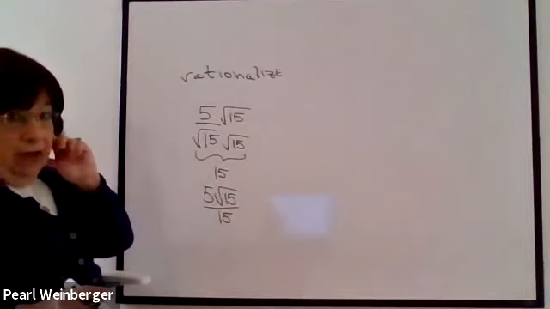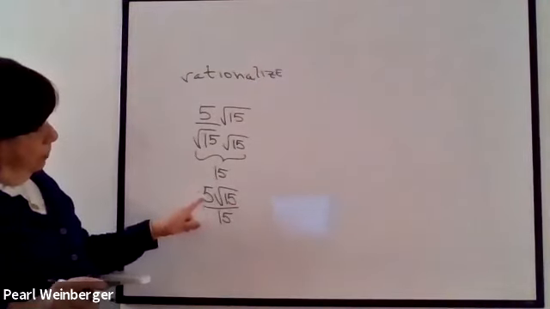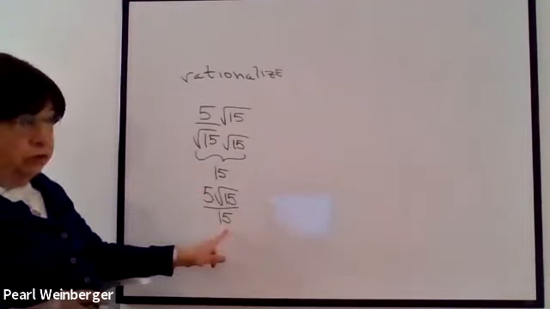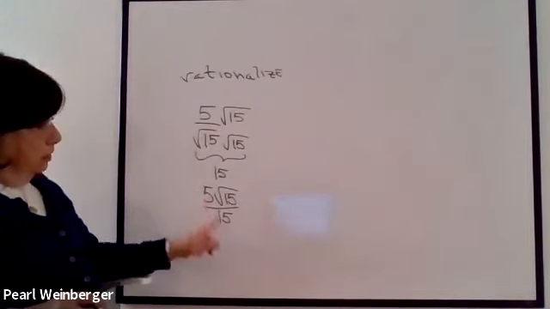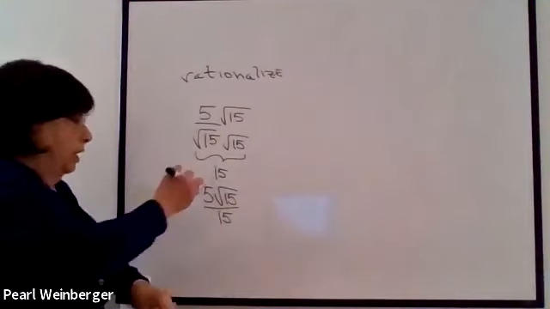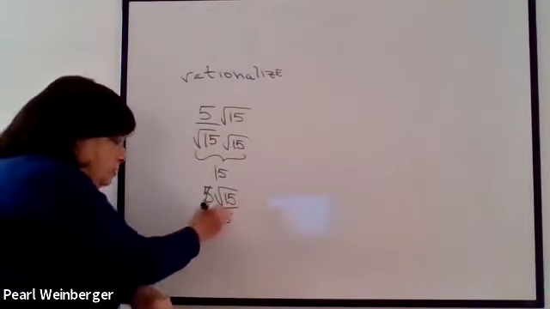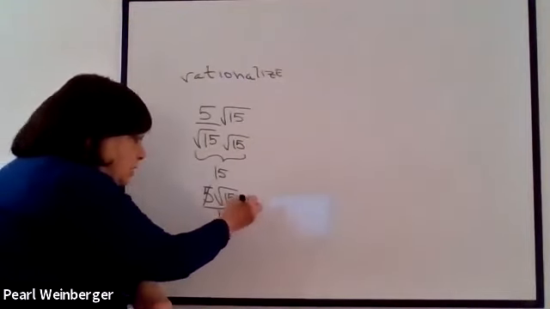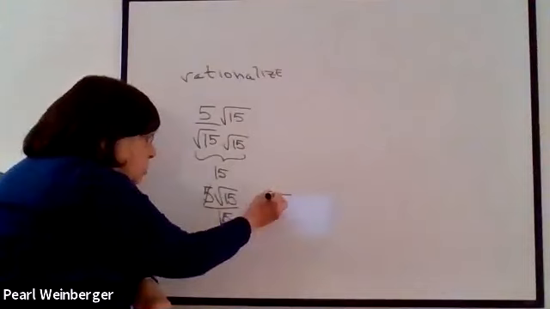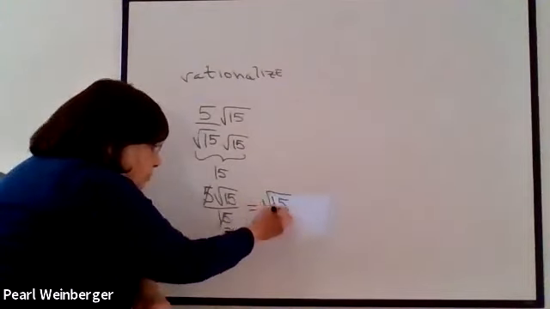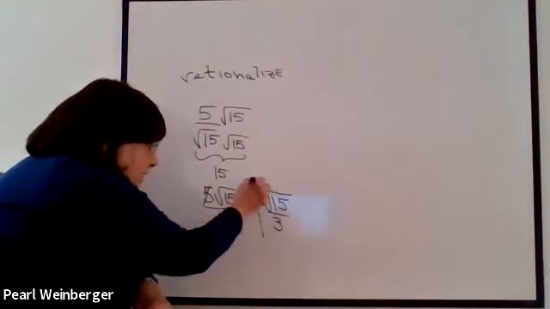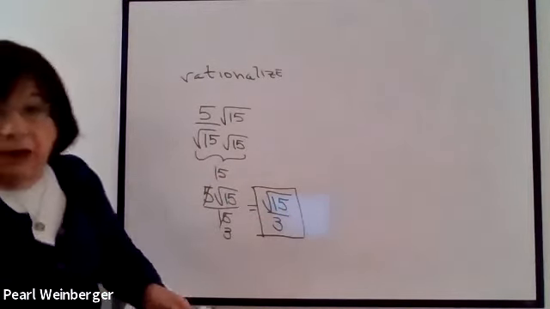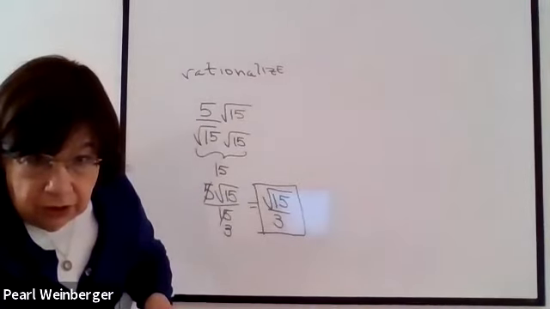And now I see I can reduce this because there's a 5 outside the radical, and this 15 is also not in a radical. These are numbers outside the radical. I can divide both of them by 5, so the 5 cancels out. 15 divided by 5 is 3. So my final answer comes out to be radical 15 over 3. And that would be the proper answer because you don't have any radical in your denominator.